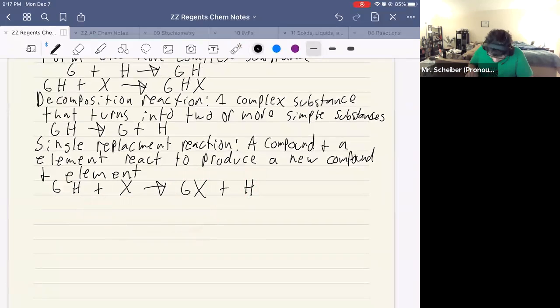And then one more, just like single replacement, but it's called a double replacement reaction.